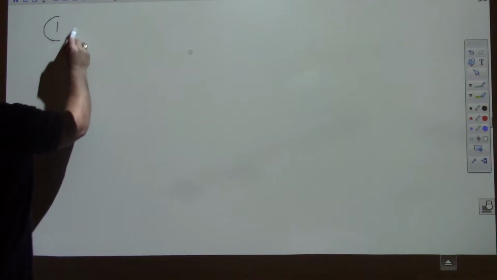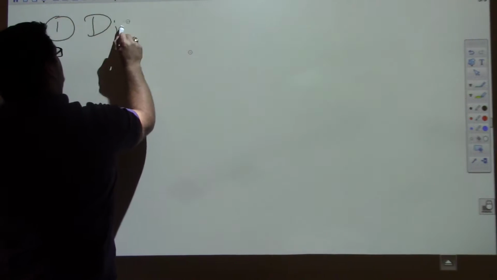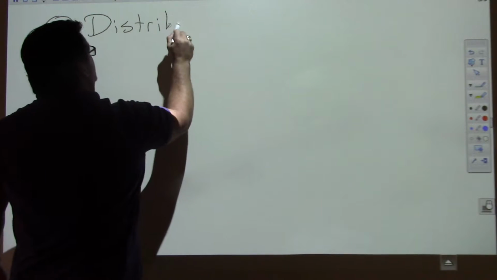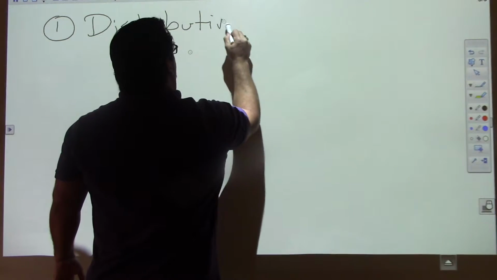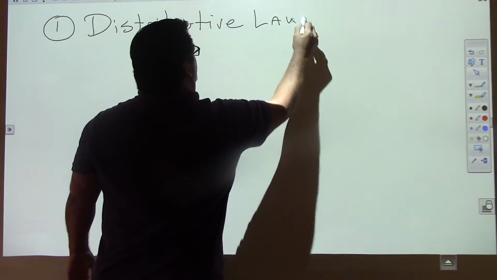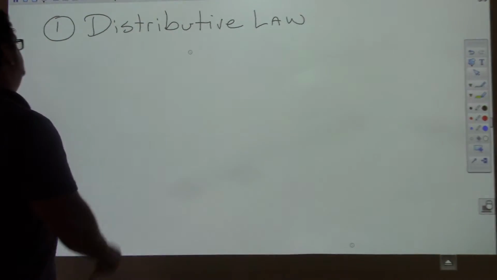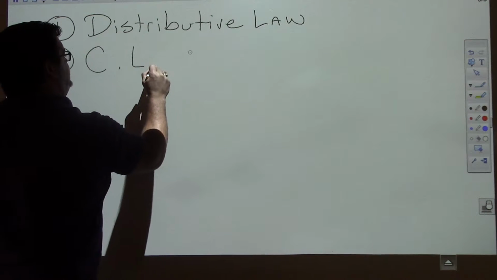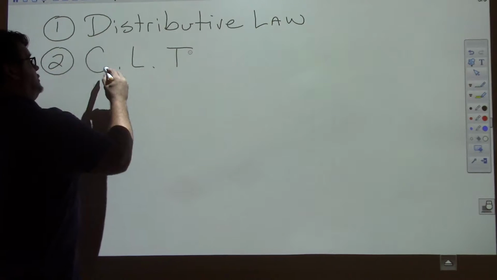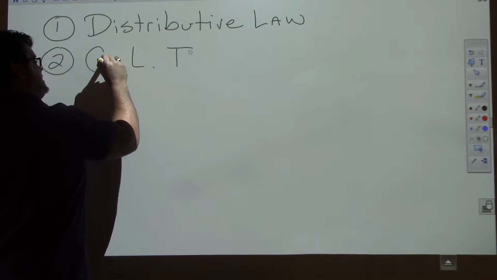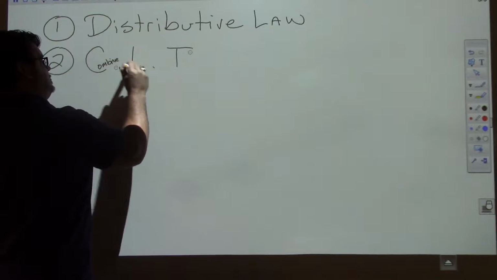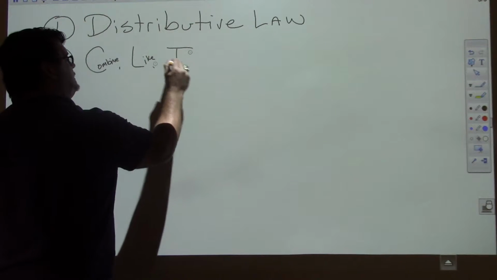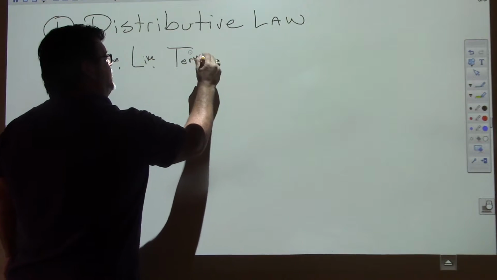1. Distributive law. 2. Whenever you use the distributive law, usually what's left? What's next? Combine like terms.